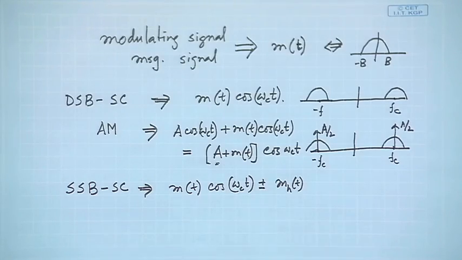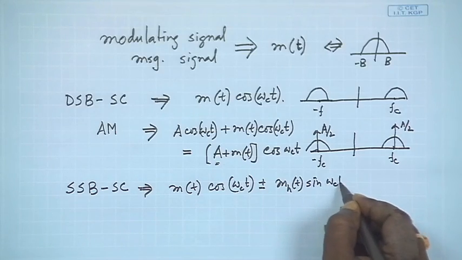It is nothing but adding a phase of pi by 2 for each frequency component, irrespective of the frequency component. It is always adding a constant phase. Okay. So, this will be plus or minus depending on whether we are targeting USB or LSB, means upper sideband or lower sideband, and this should be multiplied by sin omega_c t.